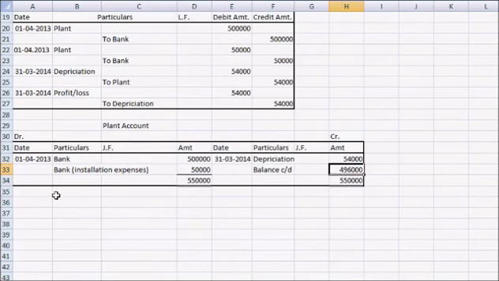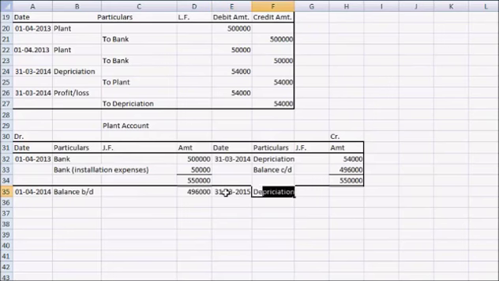So on 1st of April 2014, you can write balance brought down is 4,96,000, and depreciation for this year (2015).